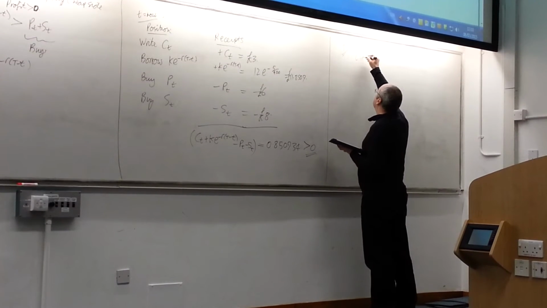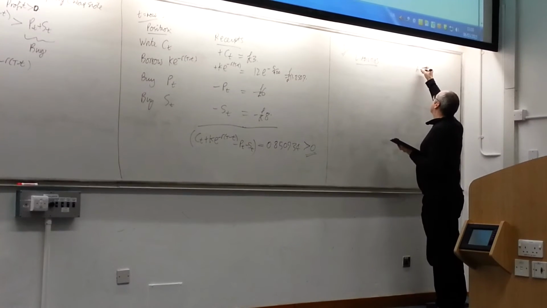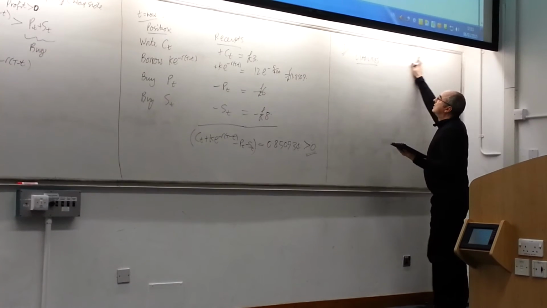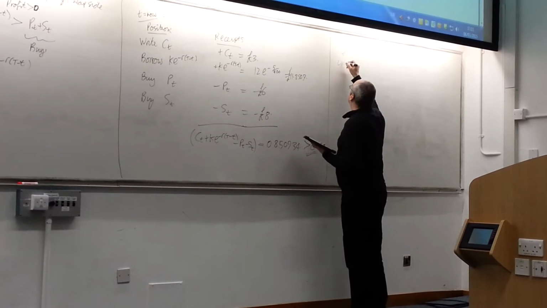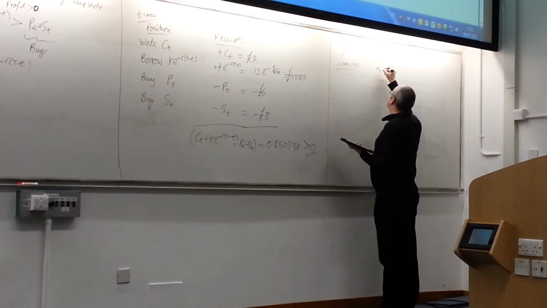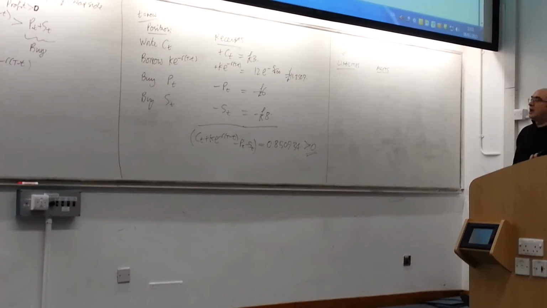then I'm going to write down liabilities and assets. Right. So what are my liabilities?